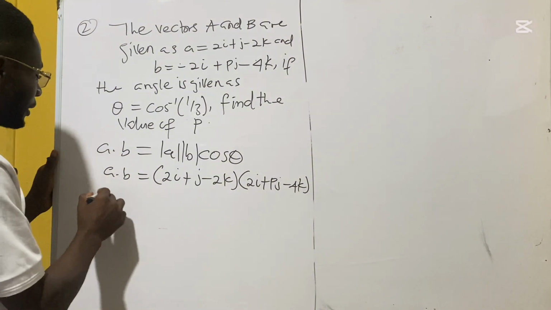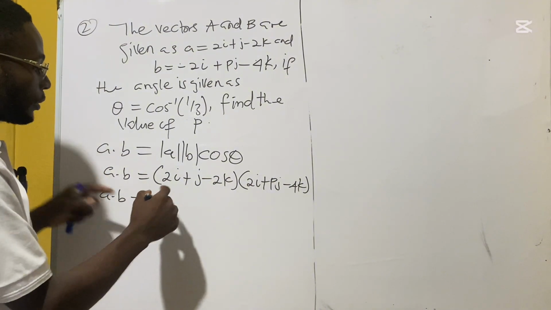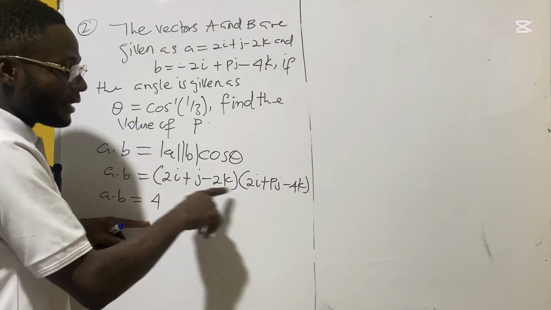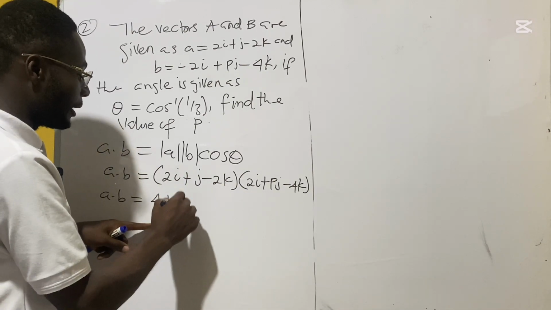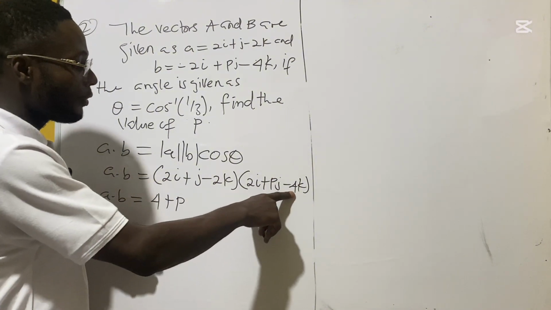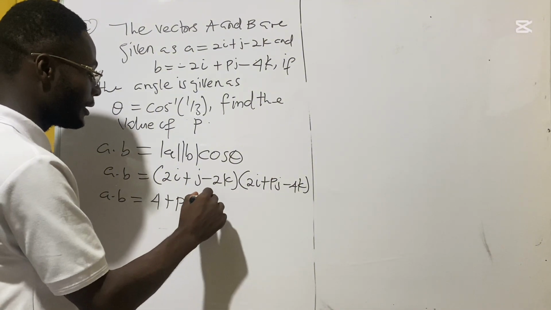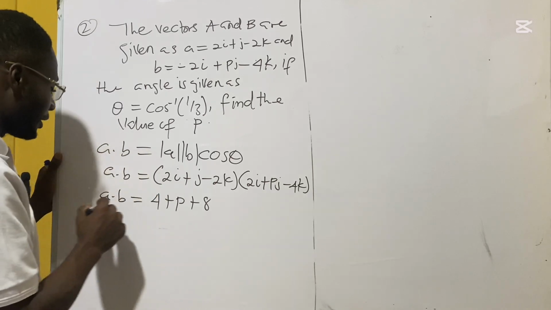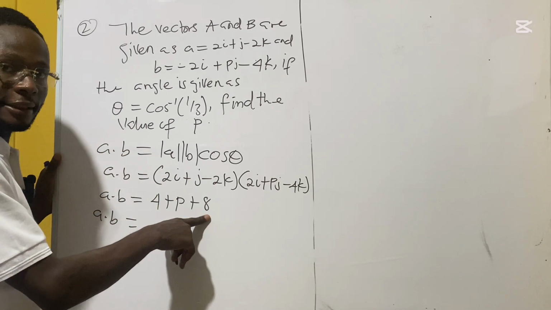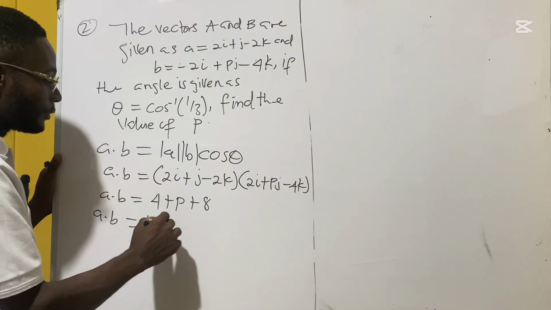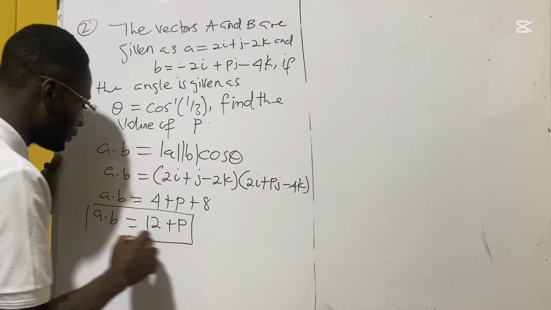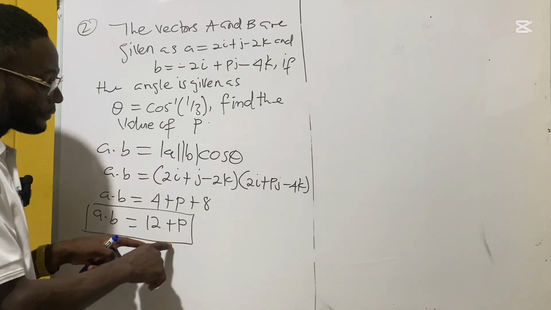So here we can say that a dot b is equal to 2 times 2, that is 4, 1 times p becomes plus p, and then minus 2 times minus 4 becomes plus 8, right? So we can say that our a dot b is equal to 4 plus 8 becomes 12 plus p. So we have our a dot b in terms of p.